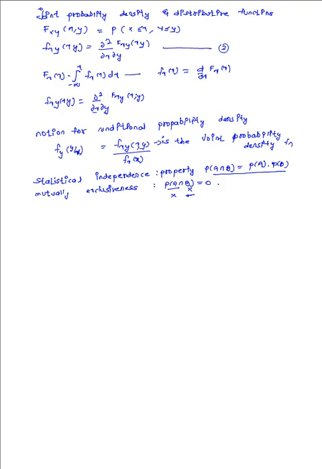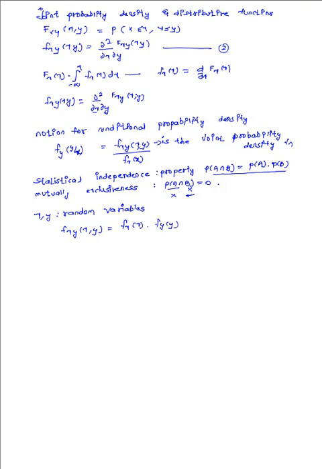Similarly, if A and B are statistically independent, here in the random variables we are dealing with x and y random variables. If x and y are statistically independent, then fxy(x, y), the joint probability density function, is given by fx(x) into fy(y).